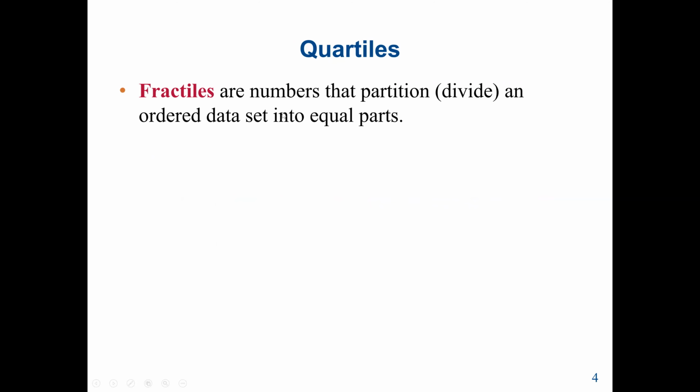So fractiles are numbers that partition, which means dividing, an ordered data set into equal parts. For example, quartiles means 4, so we are going to divide the data set into 4 different parts. That's why we say quartiles give us the positions of a data entry in a data set.